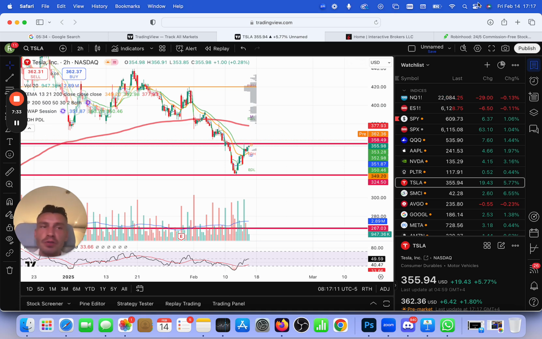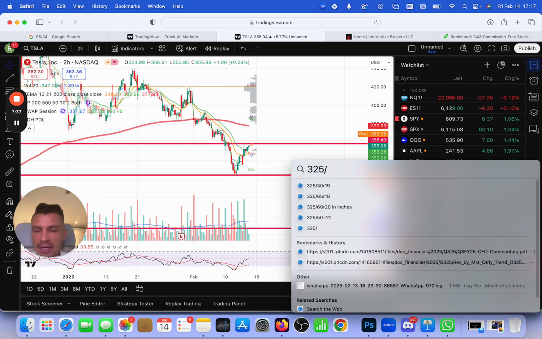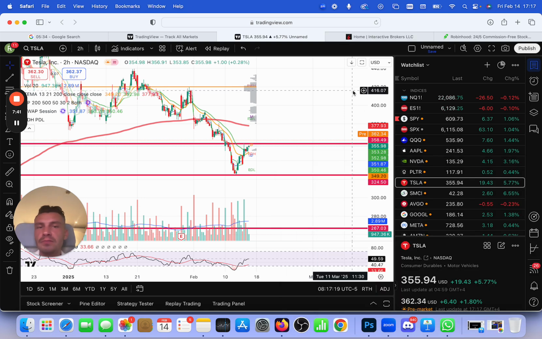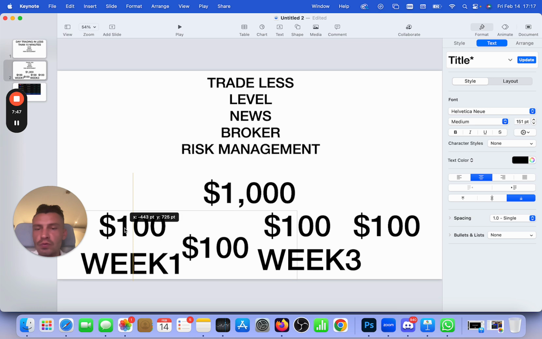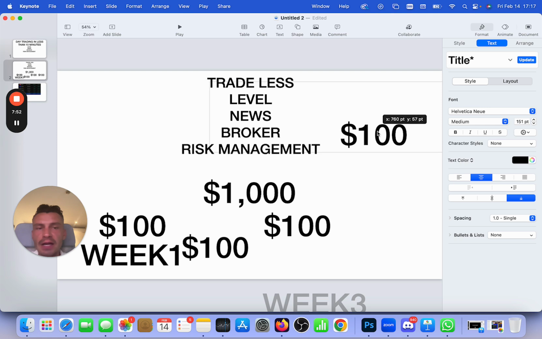And how much would you make? 325 divided by 365, you would make about 11%, okay? Which is not bad, right? So going back to the stake here, you would essentially say, okay, this $100 became $111, right?